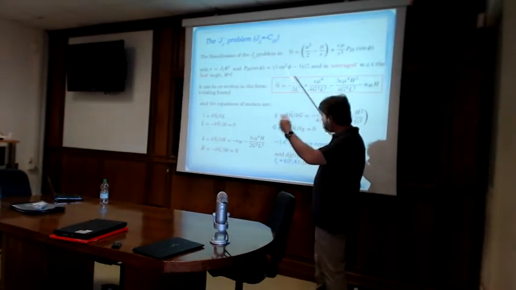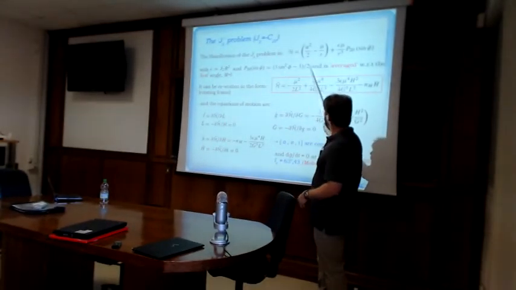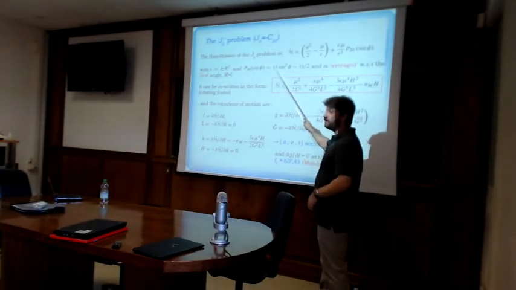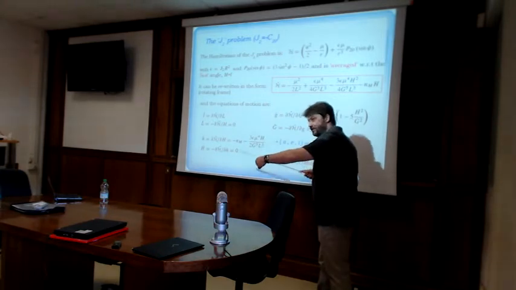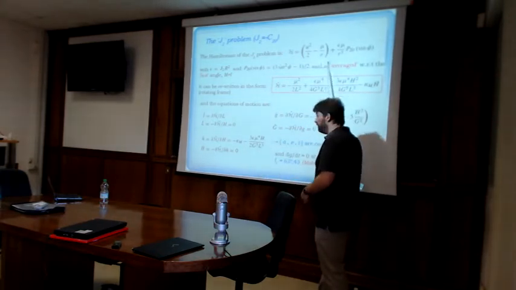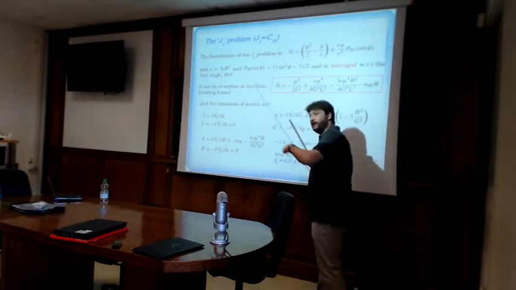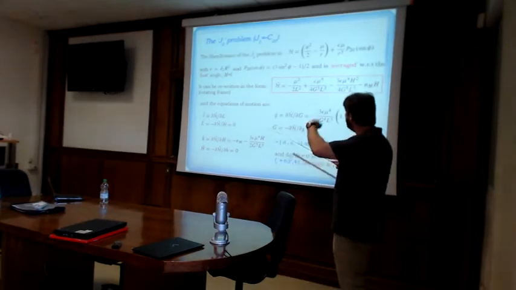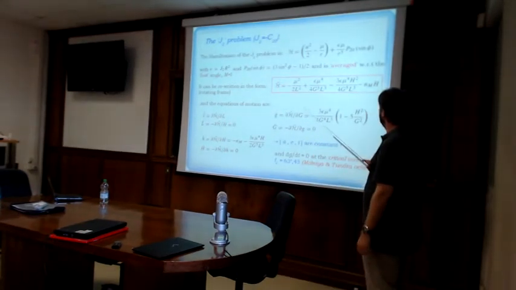Now, I do what I said. Mainly, I change that into orbital elements using spherical trigonometry. I plug here the equations relating r to the elements, and I do the expansion.